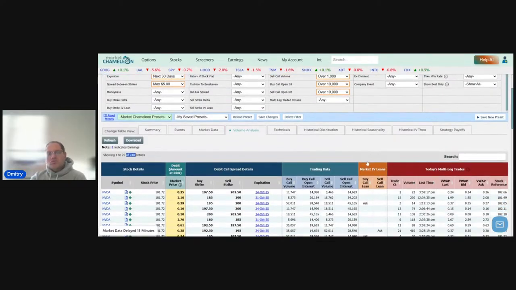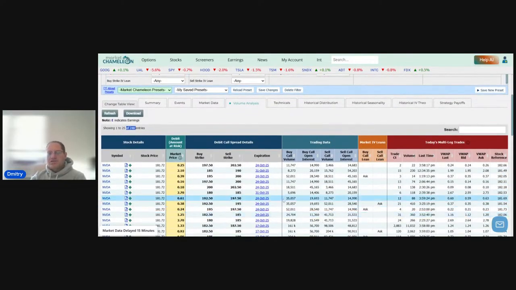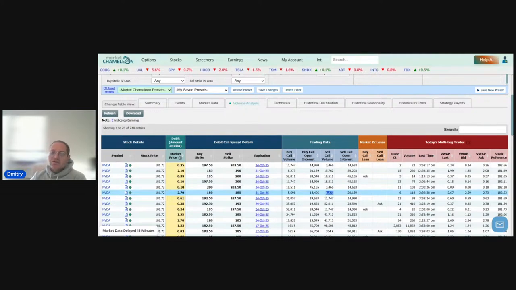We could also bring it down even further by saying not only do we want to see trading activity in both legs, but we want to see that this particular spread traded. Okay, so that's where this comes in, multi-leg. This is looking at where the spread itself, October 31, for example, 185, 190 spread, we detected traded as a spread.